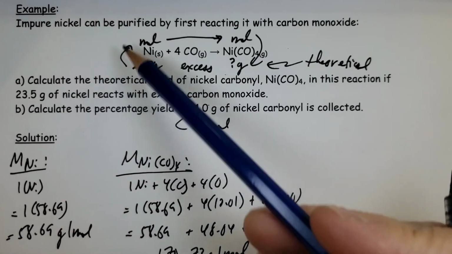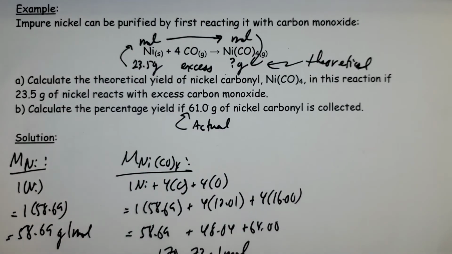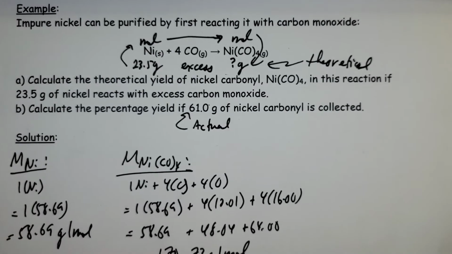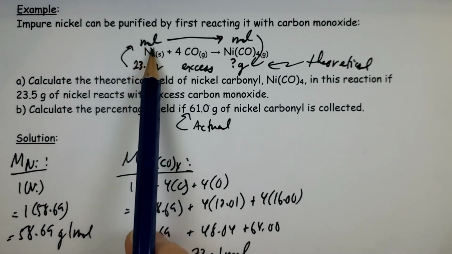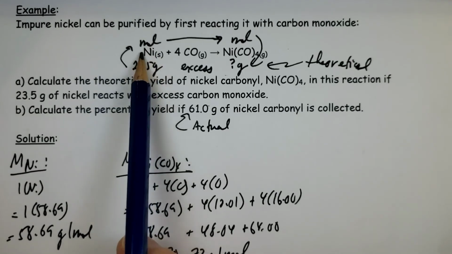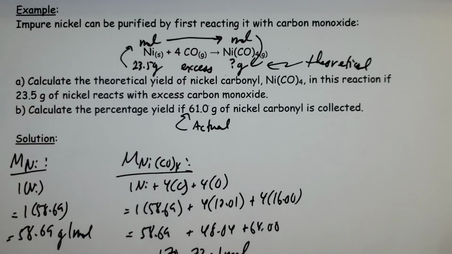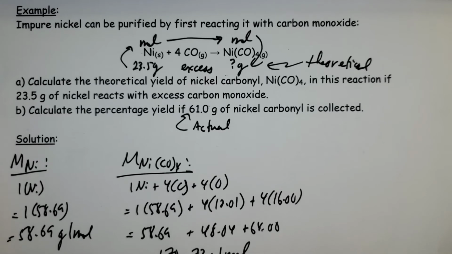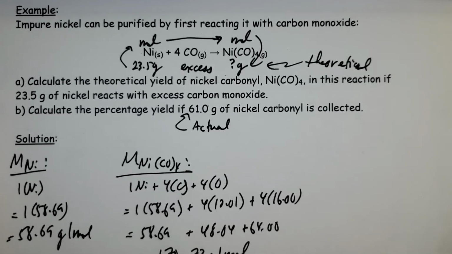So first part here, change nickel into moles. So we have 23.5 grams of nickel. And according to this, for every 1 mole of nickel, we have 58.69 grams of nickel. Okay, so we're right here at this step. So then 1 makes 1. Okay, that's pretty easy. So for every 1 mole of nickel I have in the equation, I get 1 mole of nickel carbonyl.